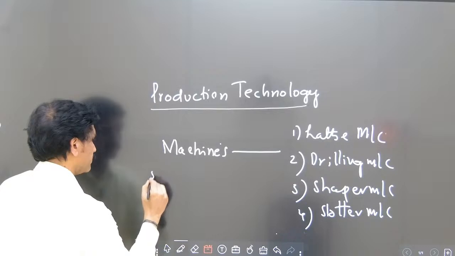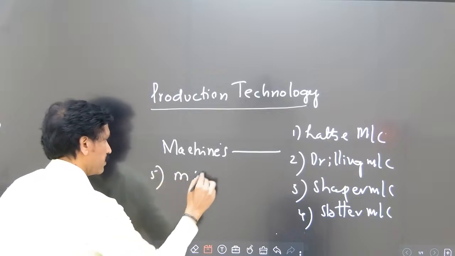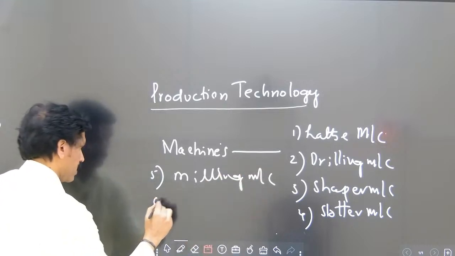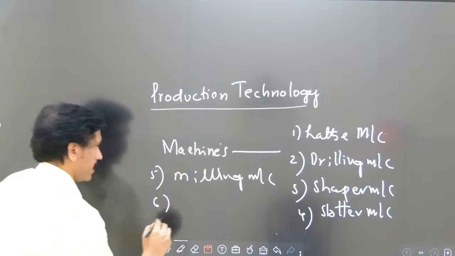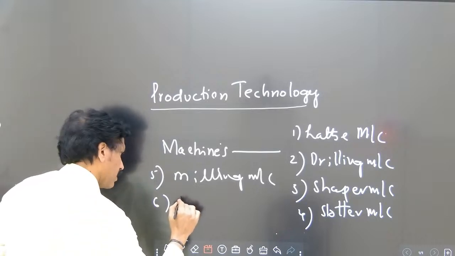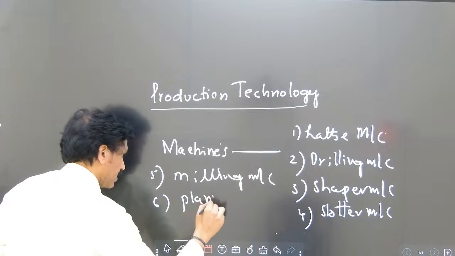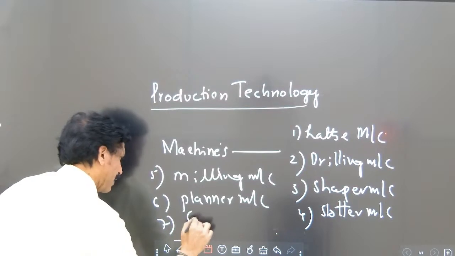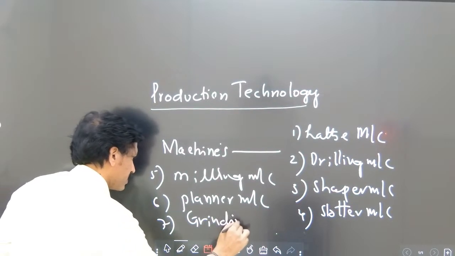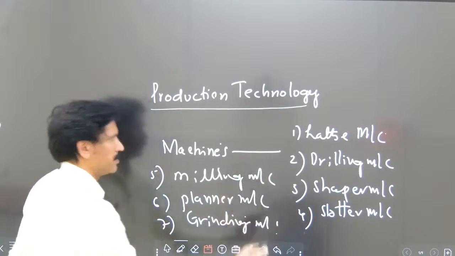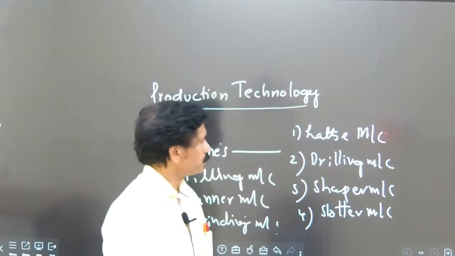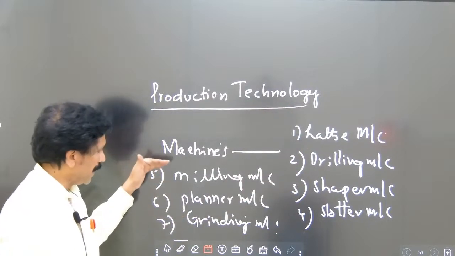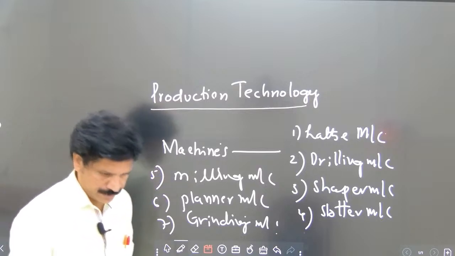Number five is the milling machine. Number six is the planer machine. Number seven is the grinding machine.